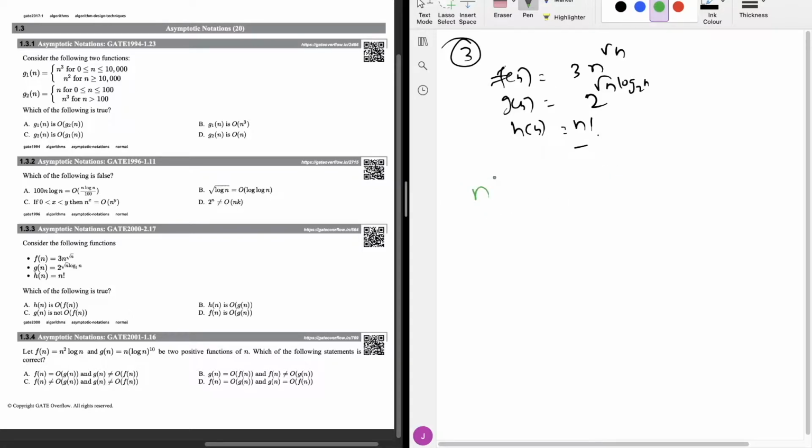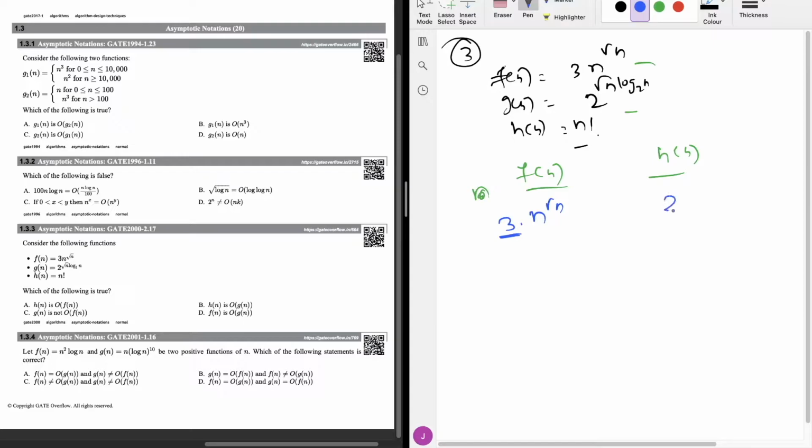Okay, so let's compare f(n) and h(n). You can compare f(n) and g(n) also, but I'll be comparing f(n) and h(n) first, just as my wish. So f(n) is 3 into n power root n, and 3 is just a constant term, it can be ignored, so no need to worry about this.